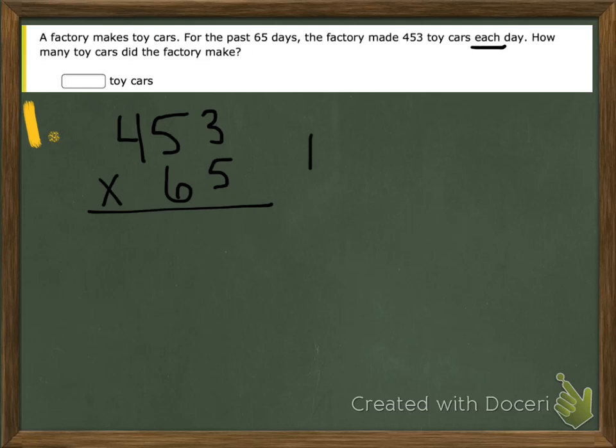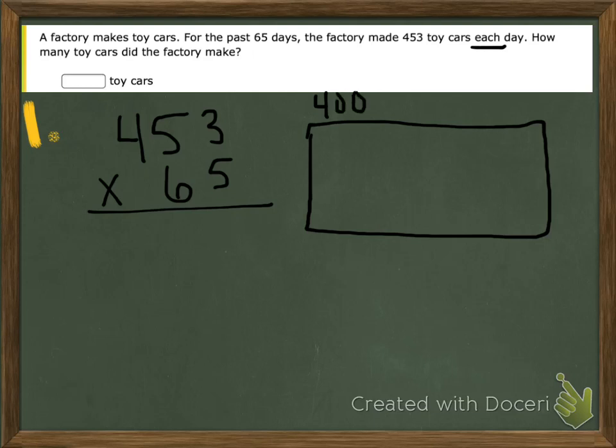A lot of us can use the box method because we're getting pretty good at that. I'm just going to do 400 plus 50 plus 3, and I'm going to make my boxes.